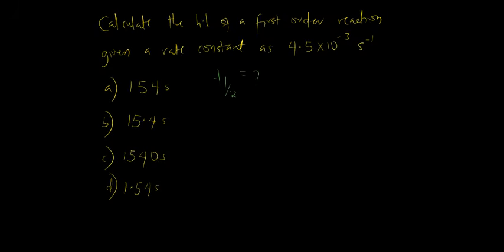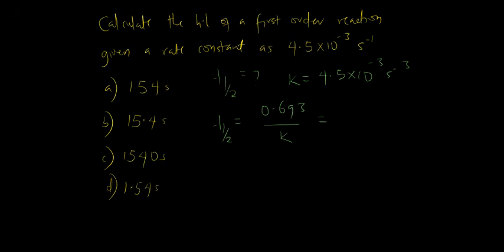Then we are given the first order reaction constant, that is the rate constant, the constant I am talking about. So we say k is equal to 4.5 times 10 to the power of -3 per second. Then we are asked to find the half life. So if we have forgotten, the formula for half life I wrote: half life is equal to 0.693 all over k, which is decay constant.